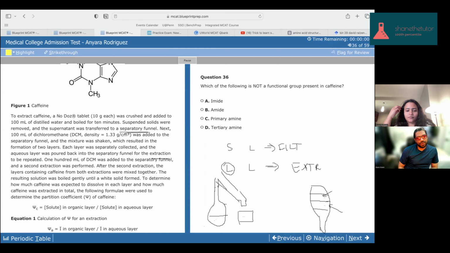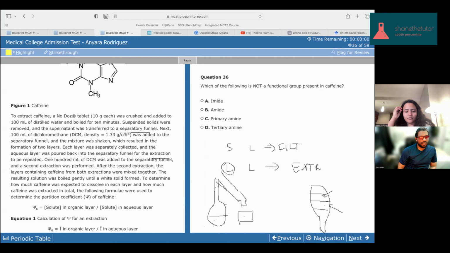When they did it again, they used 100 ml of DCM again, and then they did the extraction again. And then after that extraction was done, the layers containing caffeine from both extractions were mixed together. And the resulting solution was boiled gently until a white solid formed.